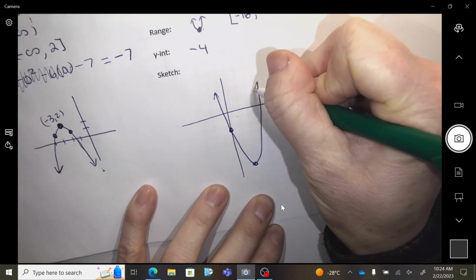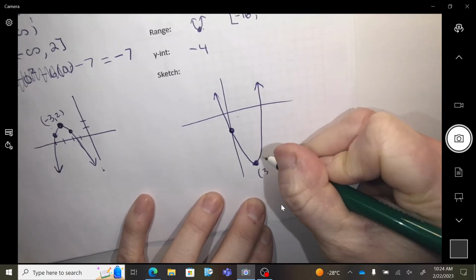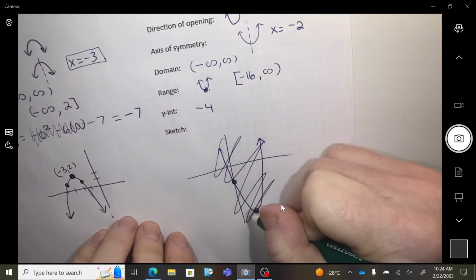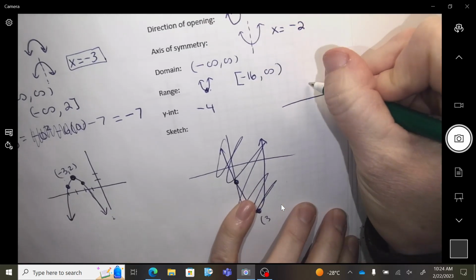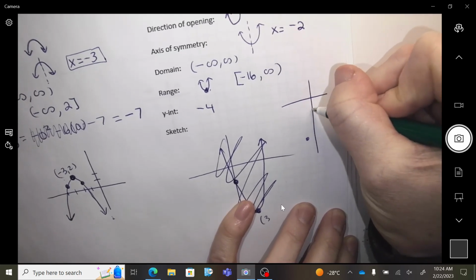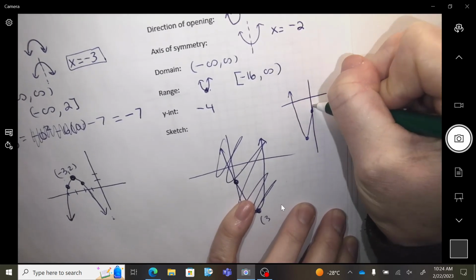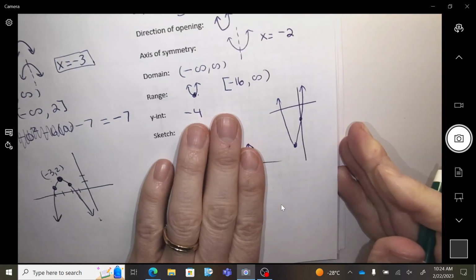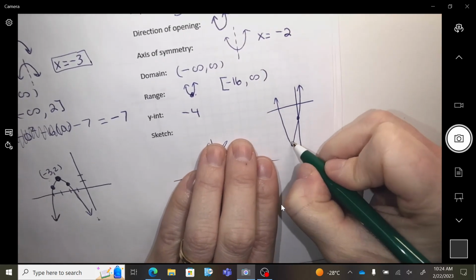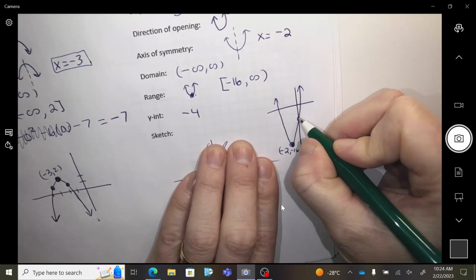I'm just going to be drawing you a simple sketch here. Oops. No, I'm just kidding. Don't do that. I did it wrong. Negative 2, negative 16. So negative 2, negative 16 was the vertex.